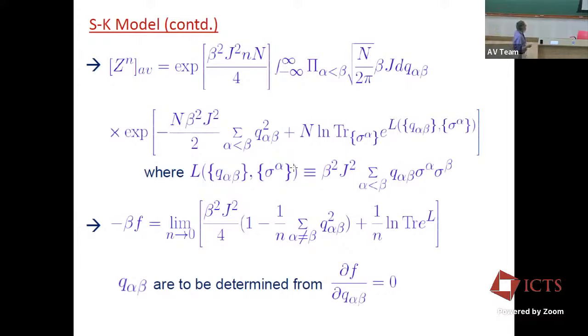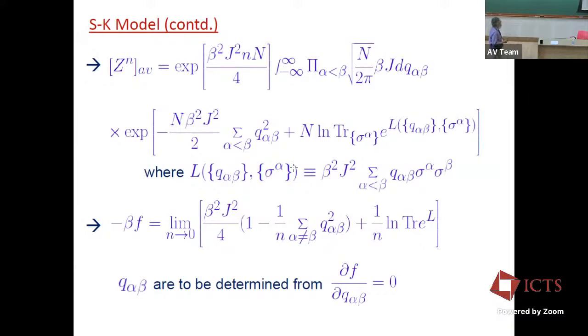And the procedure that you have to adopt eventually is to find a minimum of this quantity with respect to these q alpha betas. And if you find a minimum, then the values of q alpha beta in that minimum will tell you about what is going on in the system, because that will give you the free energy, and from that you can calculate many other quantities that you are interested in, right?